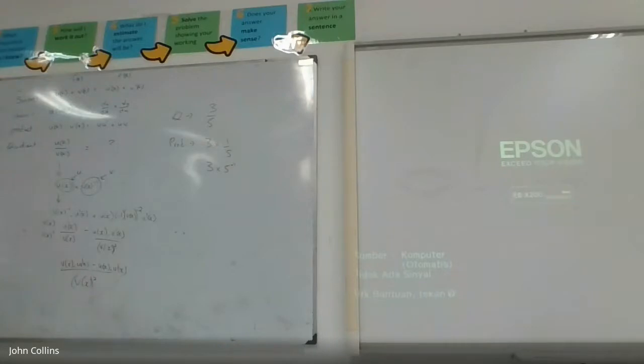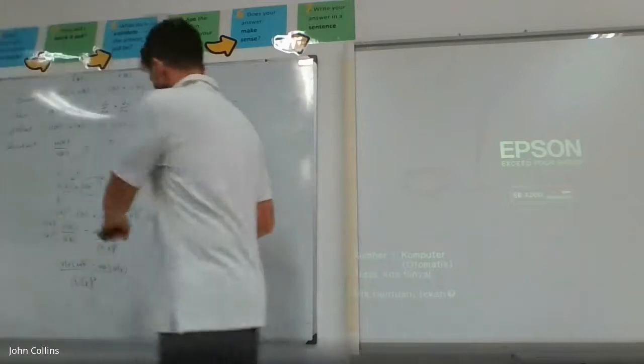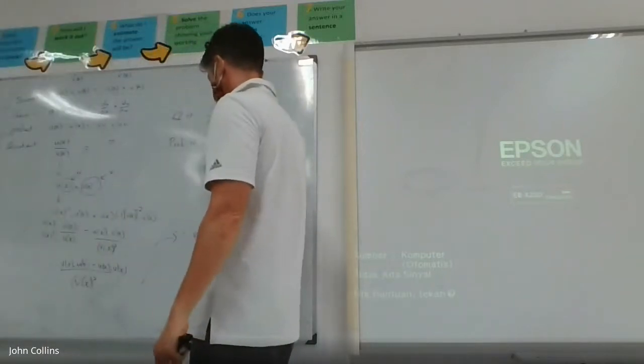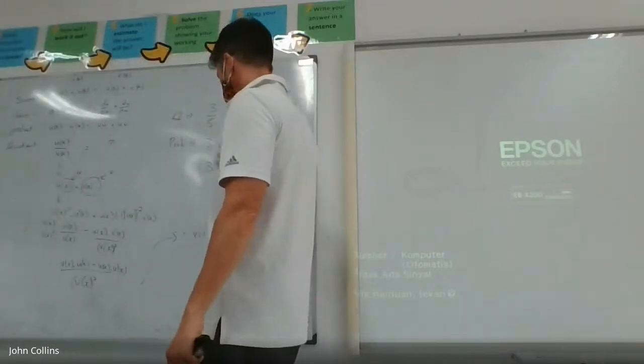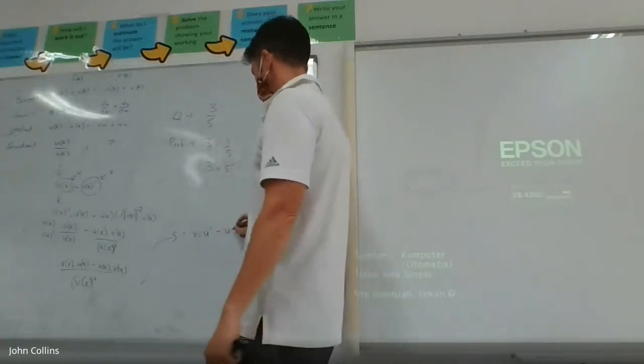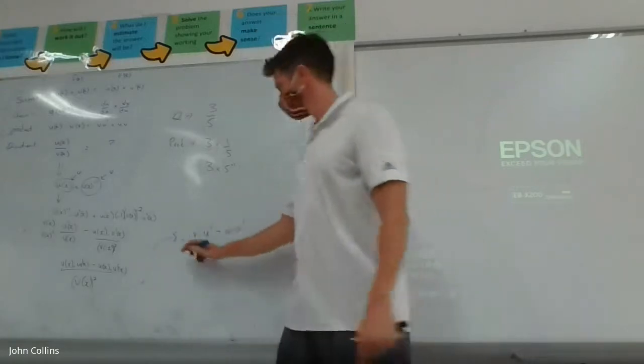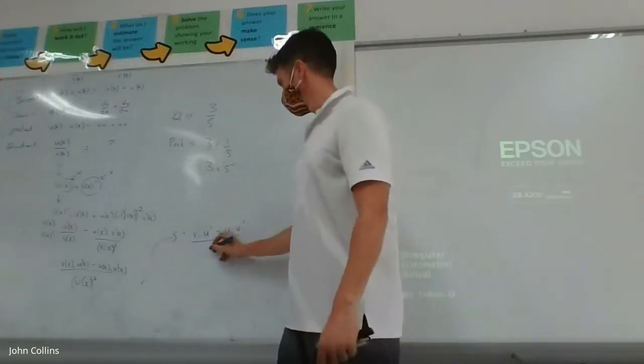Now, if I wrote that without the x, because it's all with x, just v, this is what you see in most formal documents. vx, let's call it v, times u dash x, which is u dash, minus u times v dash x, all over v squared.